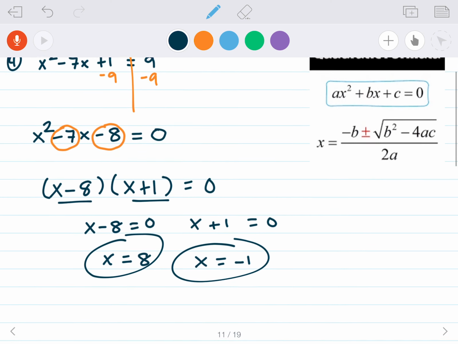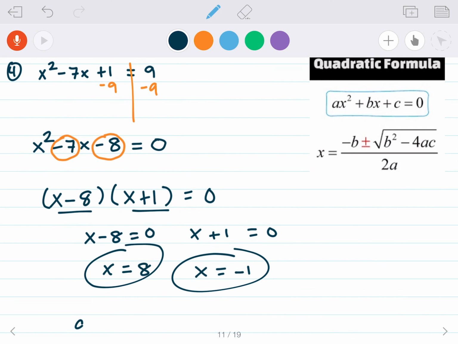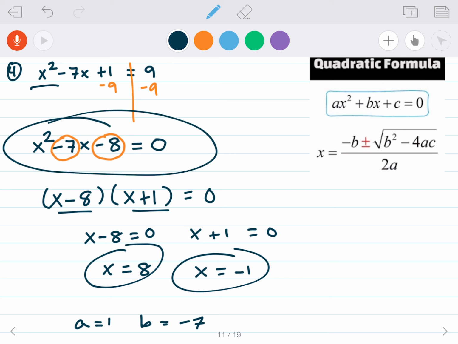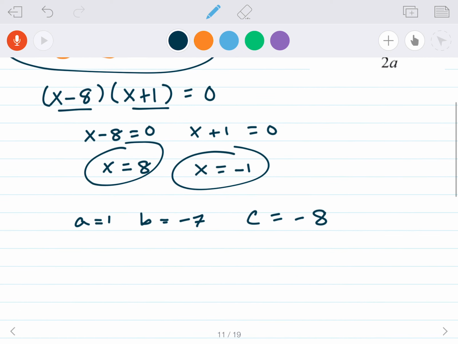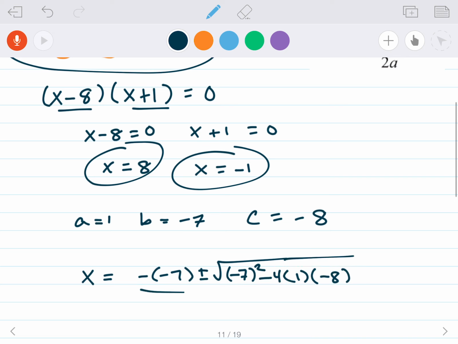Now let's use the quadratic formula. In this case, a is 1, b is negative 7, and c, using the version that's equal to 0, is negative 8. Our quadratic formula says negative b, which is negative 7, plus or minus the square root of b squared minus 4ac, all divided by 2a.